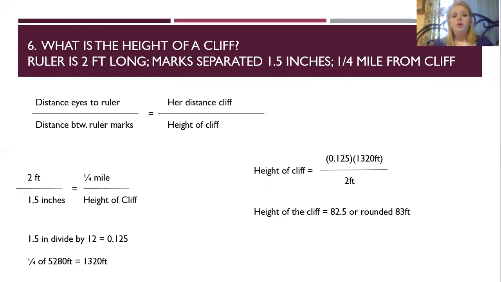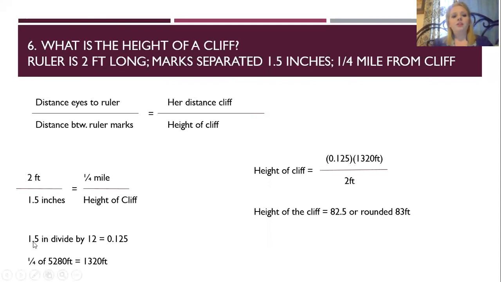The ruler is 2 feet, and the marks she's seeing from the bottom of the cliff to the top are 1.5 inches apart on the ruler. So we have 2 feet over 1.5 inches equals 1/4 mile to the height of the cliff, and the height of the cliff is what we're looking for.